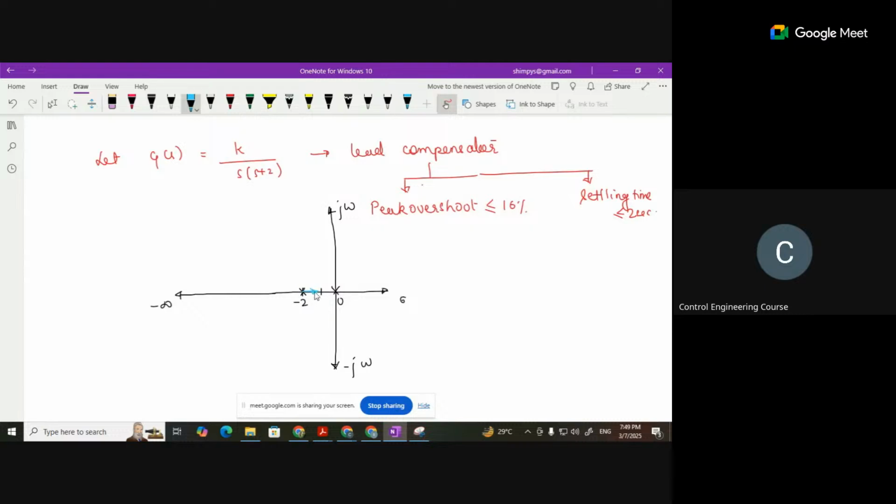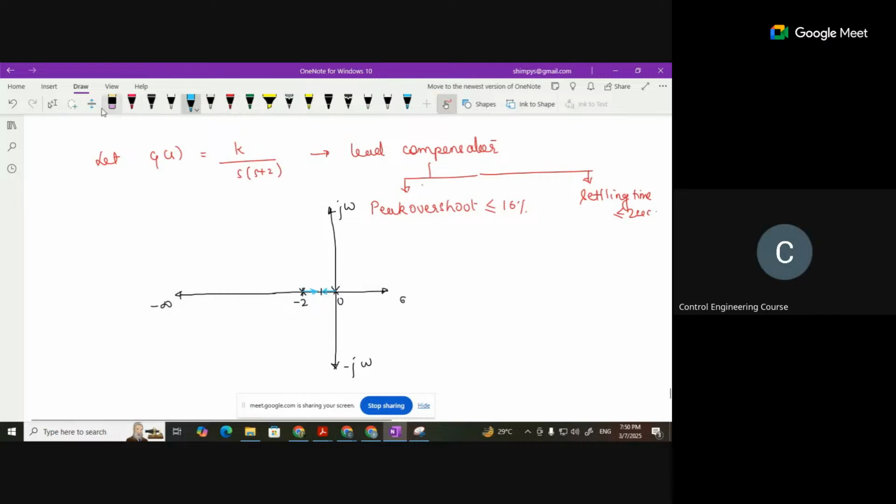Okay. So it will be like this, originating from both the poles. And of course, if I look at minus infinity, again, two poles, even number. So my root locus is going to lie between 0 and -2. Okay.